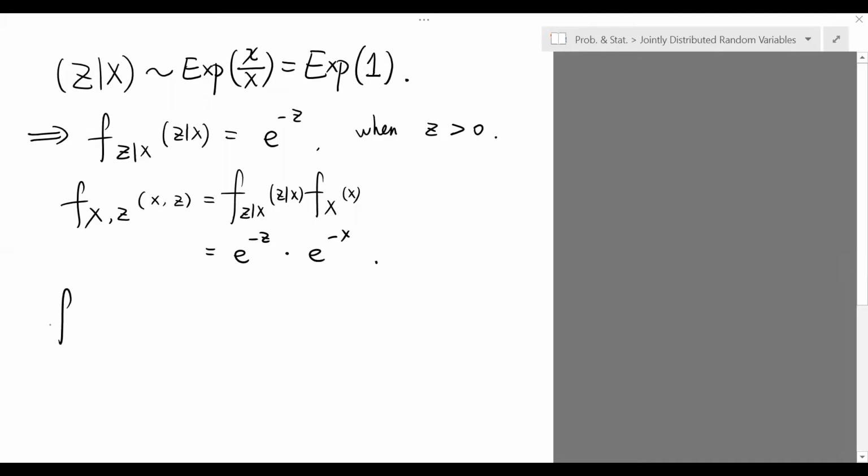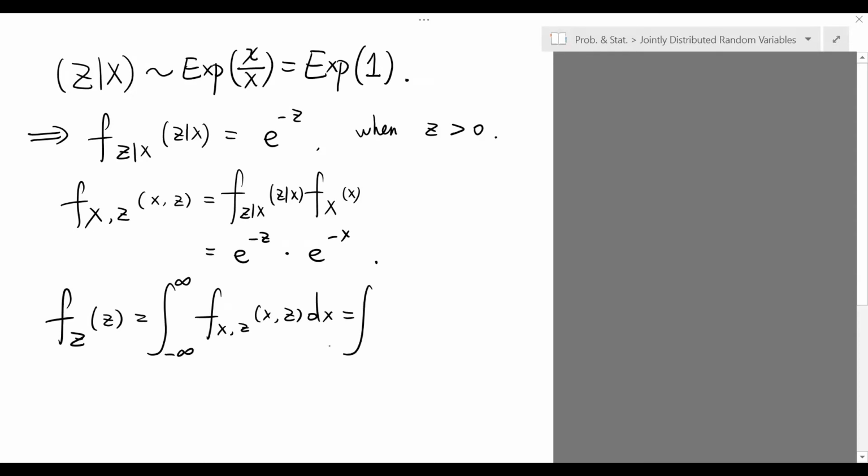Finally, to obtain the density for just z itself, we could integrate the joint density function from negative infinity to positive infinity with respect to x.